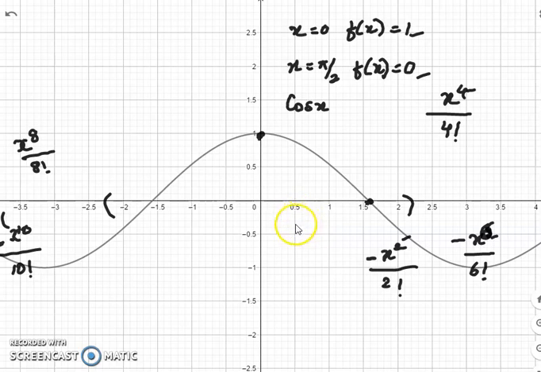So by adding infinite terms of x with even powers, we can produce the cos function, and by adding infinite terms of x with odd powers, we can produce the sine function. So finally, what Taylor said is exactly right. His theorem is proved here.